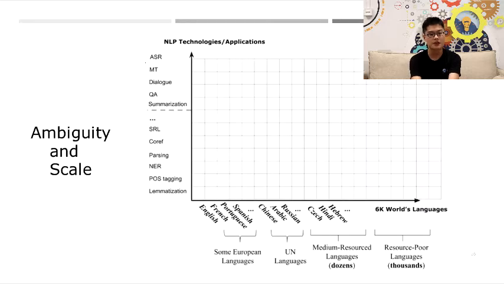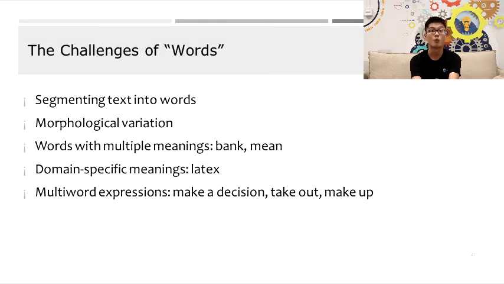Ambiguity and scale differ with the language itself. For example, the ambiguity can be different from English to French or other Asian languages, and that matters for different NLP technologies. So as you see, there are many challenges with words. Segmenting text. First, we segment text into words.